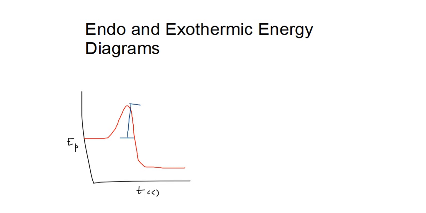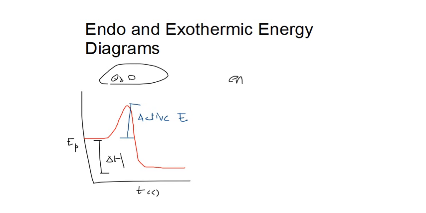That's going to be activation energy. And then the difference between the initial and the final is going to be the delta H. So as you can see in an exothermic reaction, the delta H will be negative because the final is a lower value than the initial.